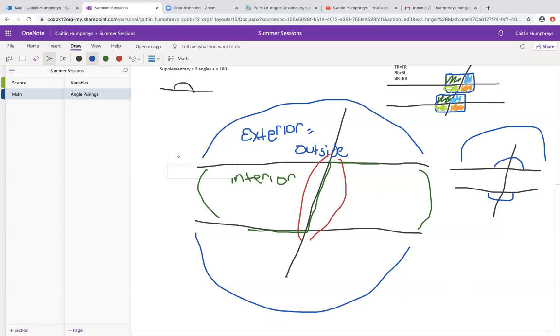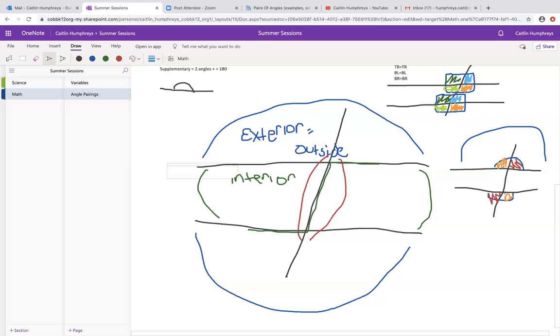And it said alternate. So I have 2 options. I could do these alternate sides. It doesn't make sense to do this side because that's next to it. And it doesn't make sense to do this side because it's next to it. Alternate, it only makes sense to do the alternate corner, the opposite corner. So those are alternate exterior. And you notice you also have another pair of alternate exterior right here.